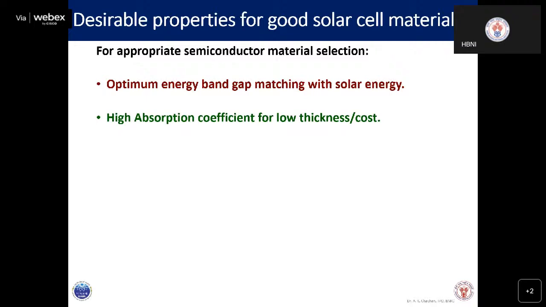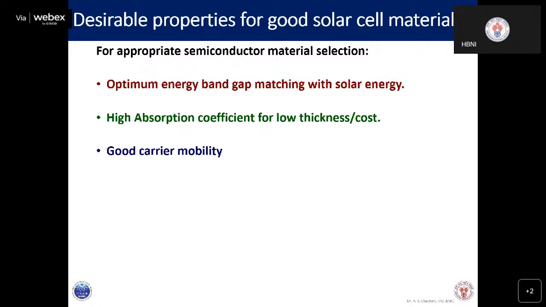Your radiation covers a long range of wavelengths, from UV to IR to microwave, but you have to see where your radiation falls maximum. Then high absorption coefficient materials are required. The mu value should be as high as possible so that you can absorb the radiation in a small thickness.